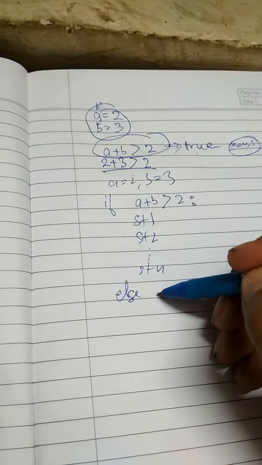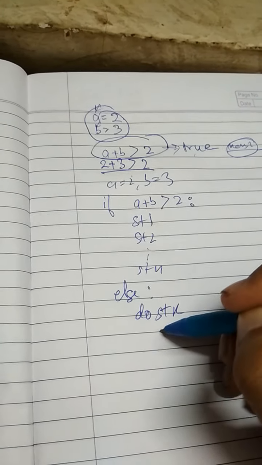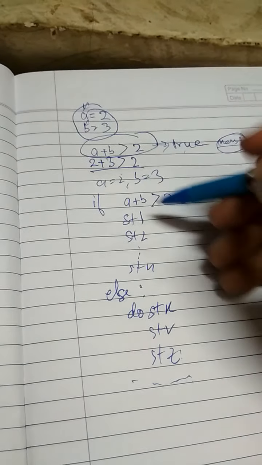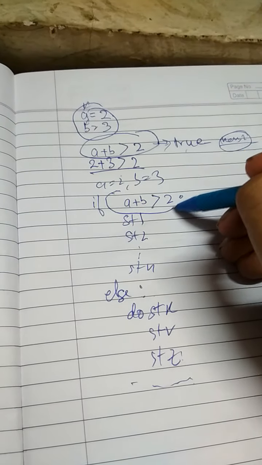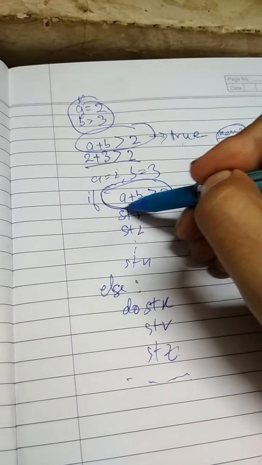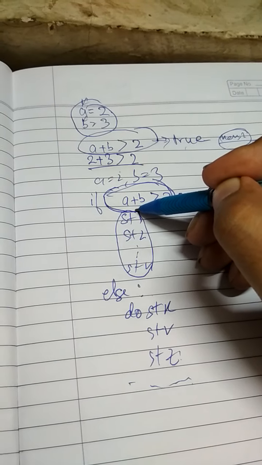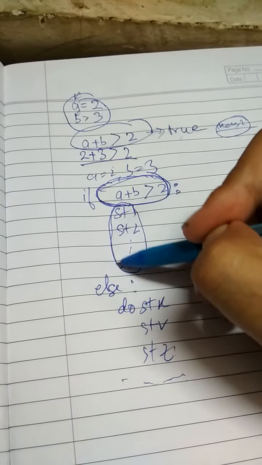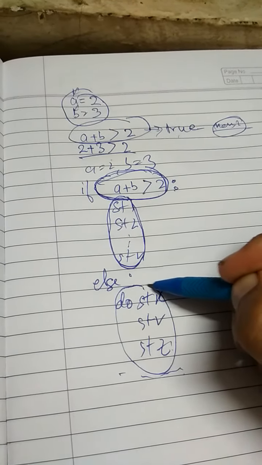Else do statement k, statement r, statement z, and so on. What does this mean? The thing that comes after if and before this colon, if this turns out to be true, then we execute this statement. Else we will execute this statement.